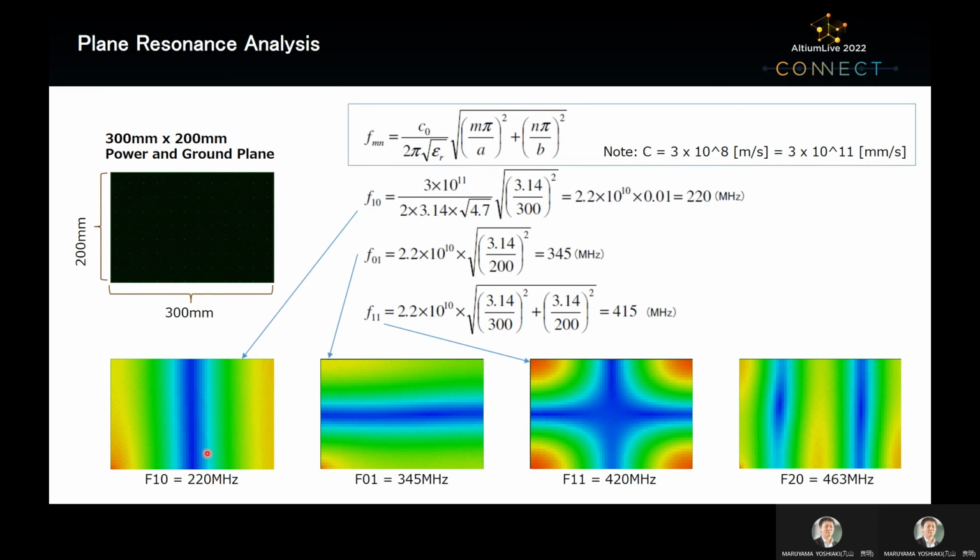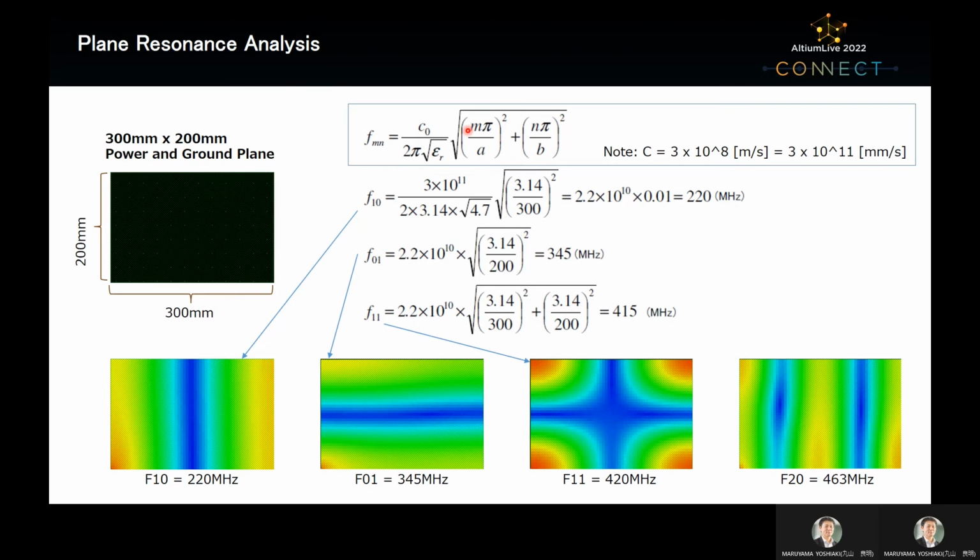The resonance frequency of a parallel plane can be obtained with a simple formula. In this formula, the plane has A millimeters horizontal length, and vertical length is B millimeters.